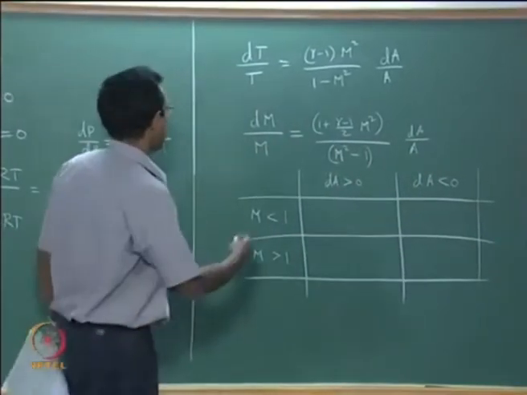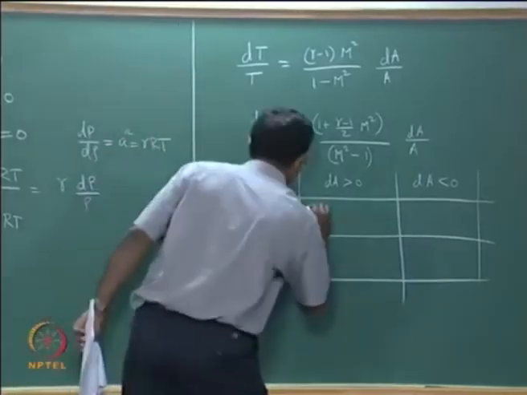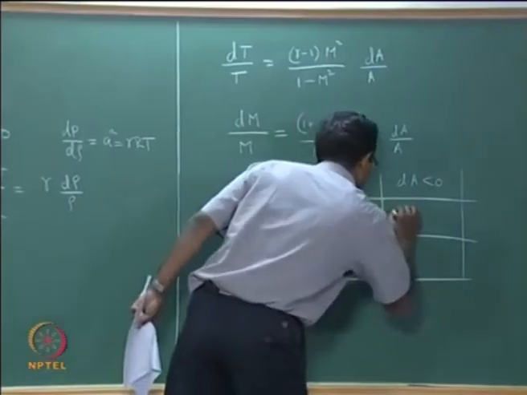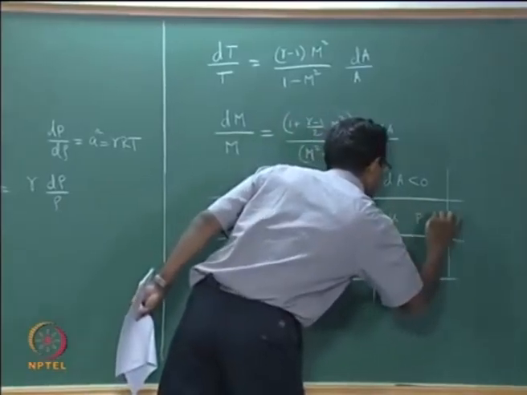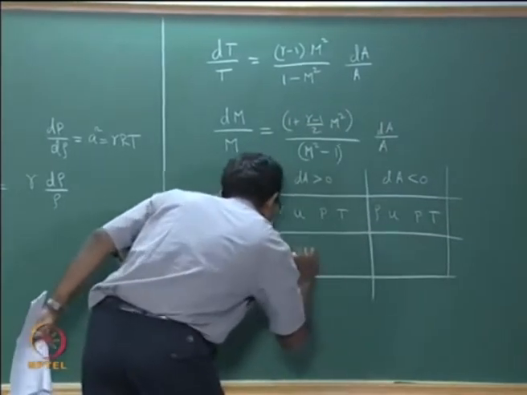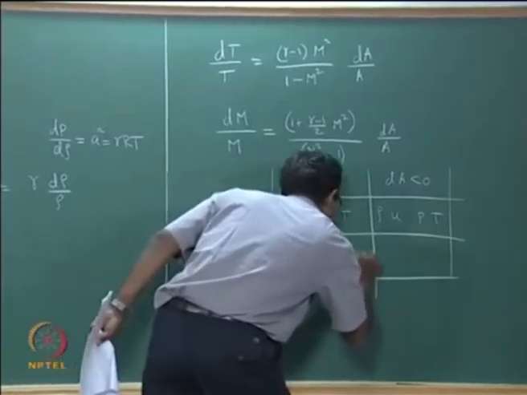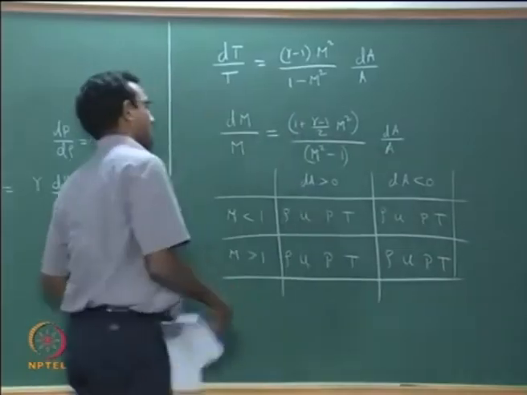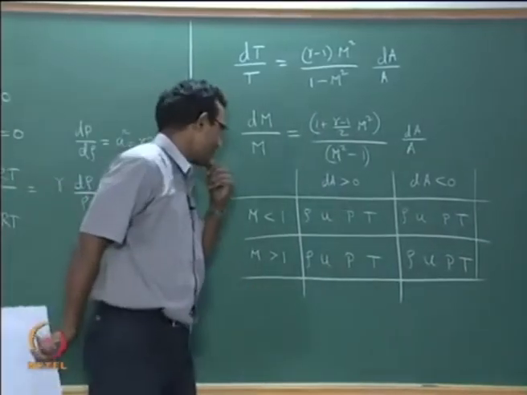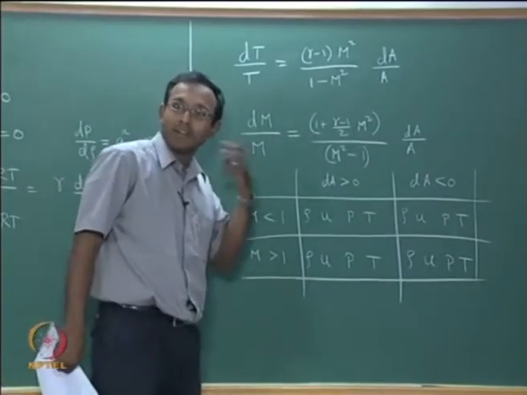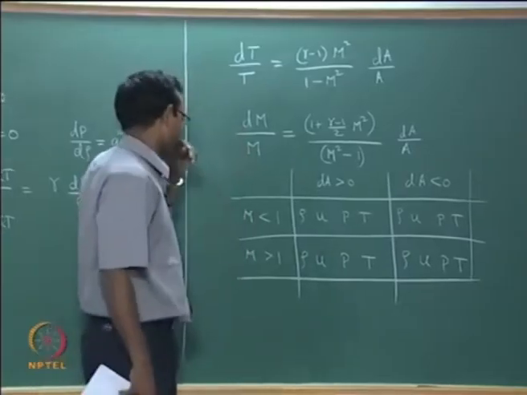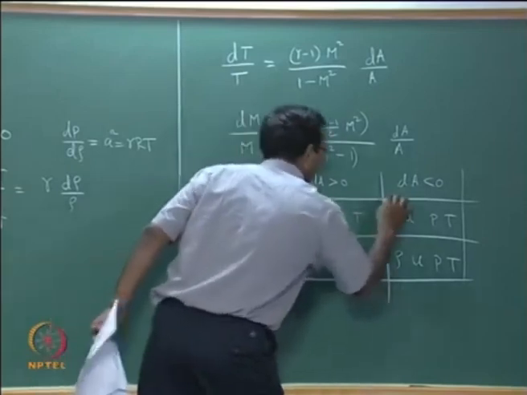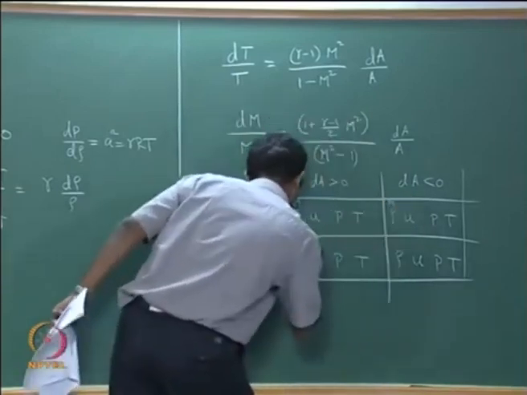Now we just want to look at those 4 variables we just listed: density, velocity, pressure, temperature. What happens to all of them? So let us pick a case. This is just to remind you what is supposed to happen. I will also put M so that it is easier. I will keep M on top of all of them.